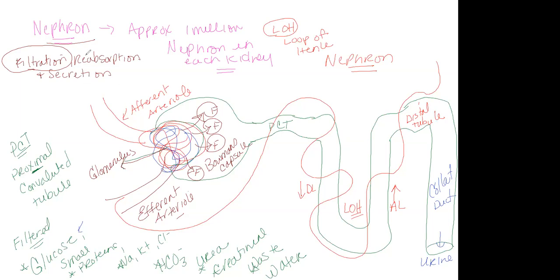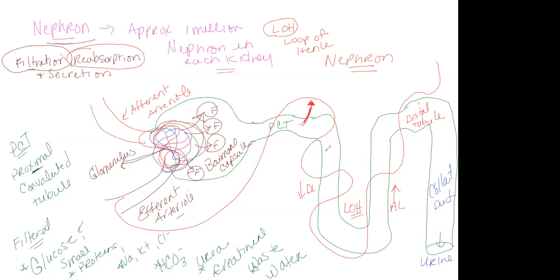And when we have filtration, remember we had things that were filtered out that we necessarily don't want to end up here. So the next step is reabsorption. Substances are reabsorbed back into the bloodstream.